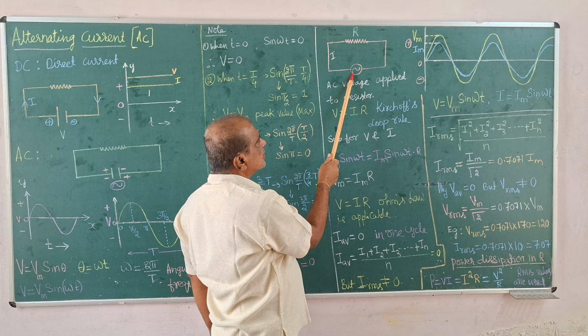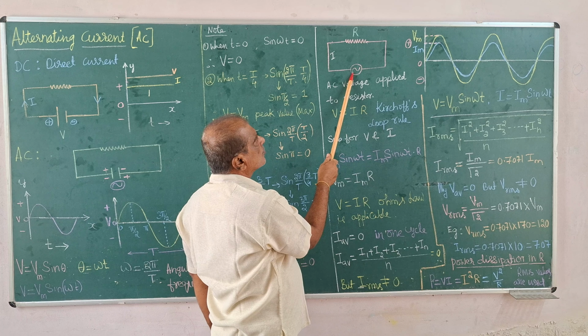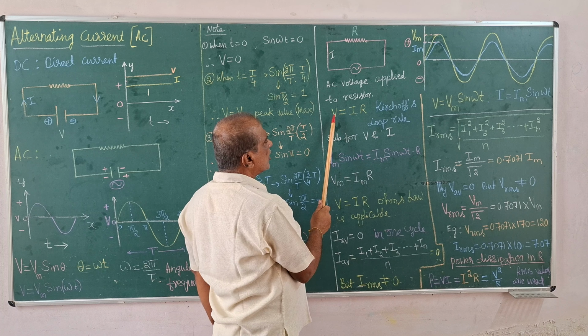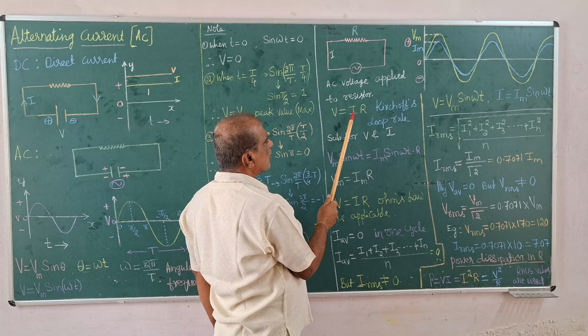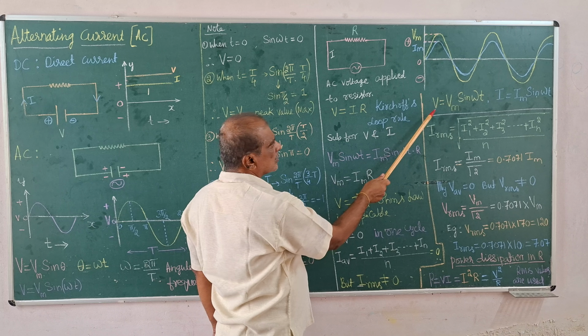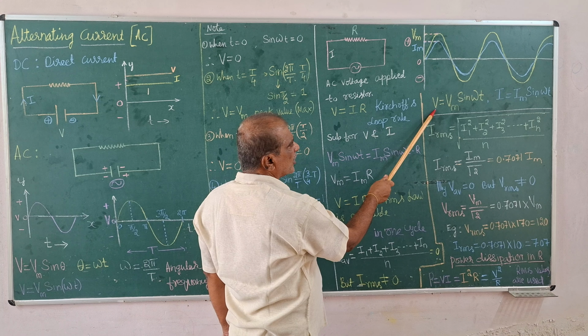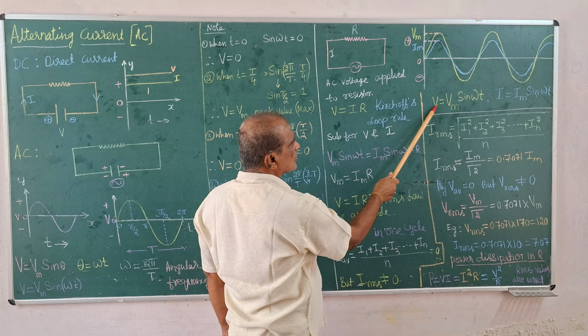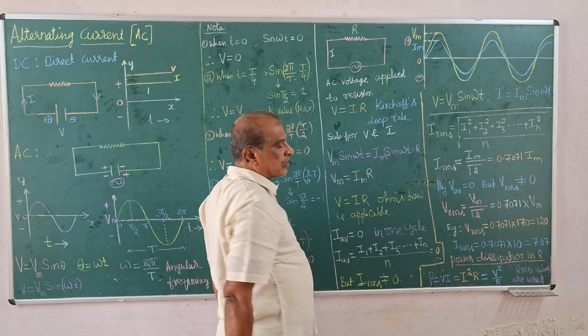But when you apply AC, voltage is variable and current is variable. What is the equation for variable voltage? What is the equation for variable current? The equation for variable voltage is this, V equals this, not constant. And the equation for variable current is this, it is not constant.